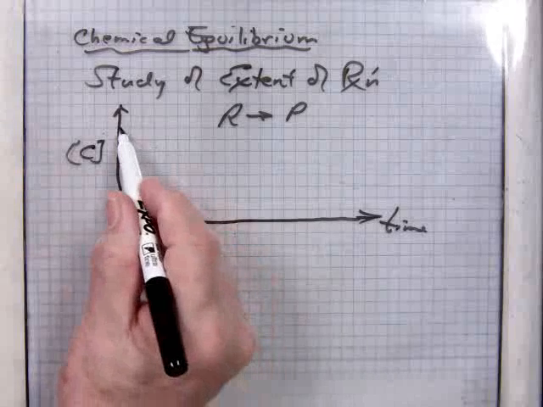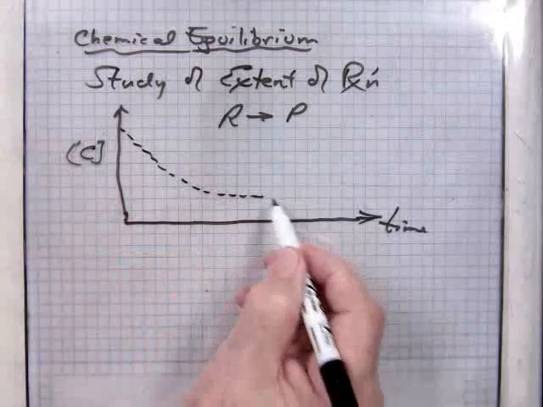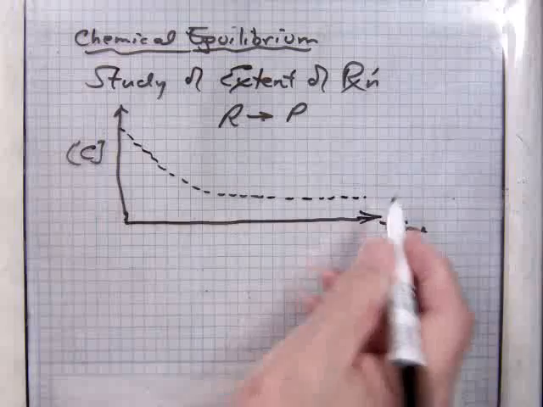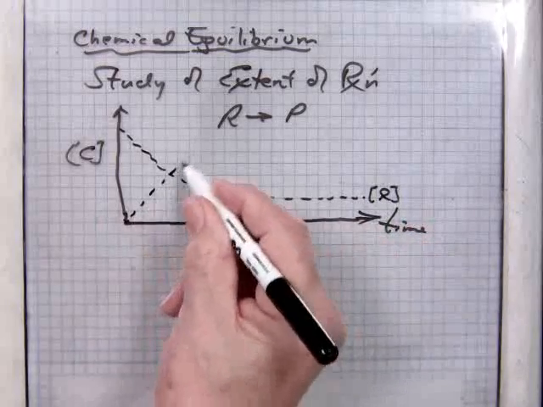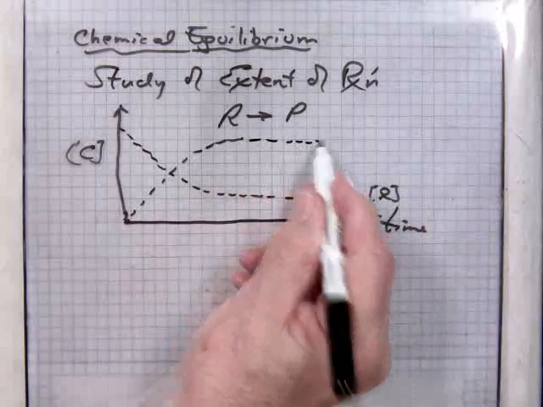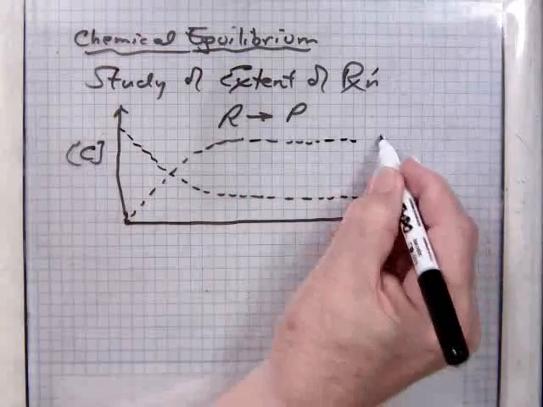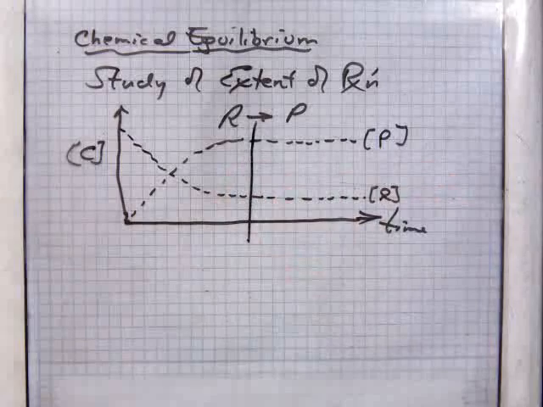And we noted a trend where the reactants decrease in concentration, and of course the products increase in concentration and reach that zero slope point somewhere in time like that.